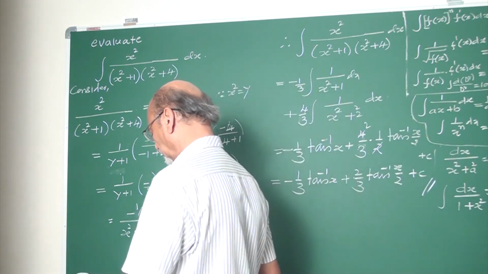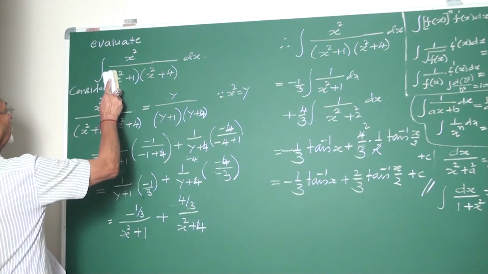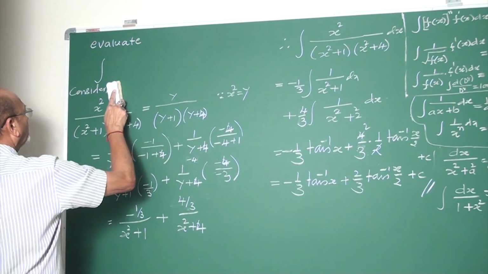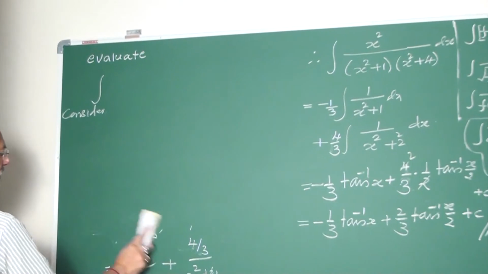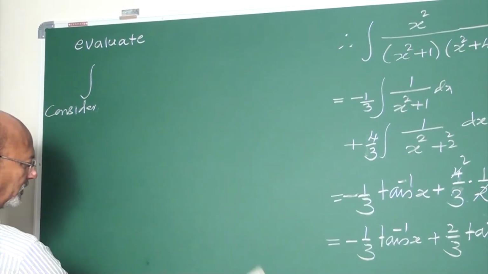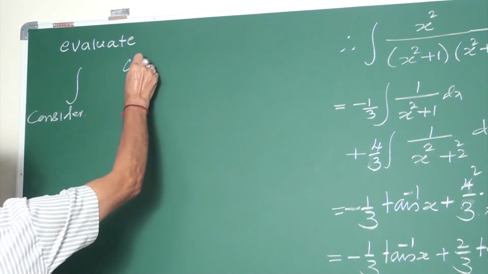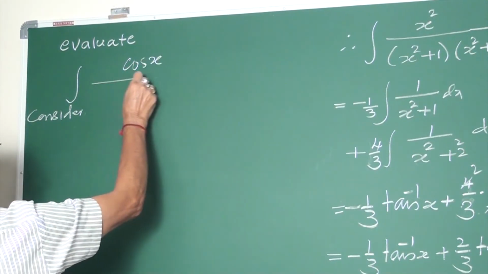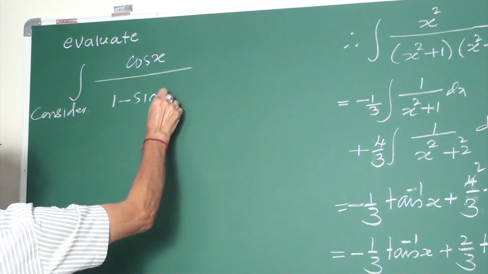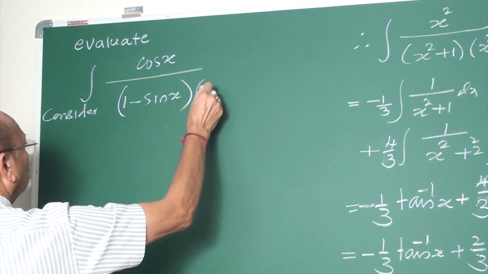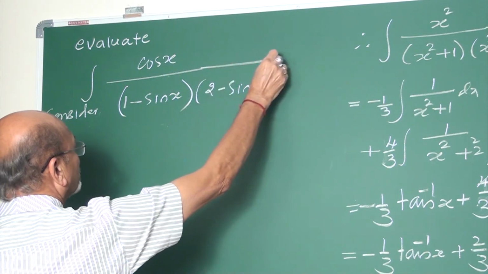Evaluate the integral of cos x upon (1 minus sin x) into (2 minus sin x) dx.